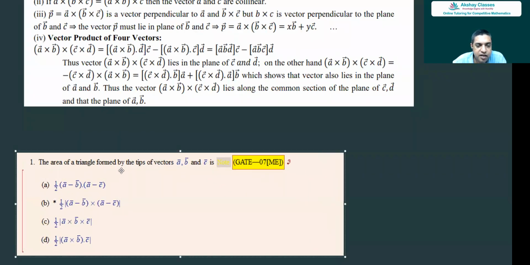The area of the triangle formed by the tips of vectors A bar, B bar, C bar.